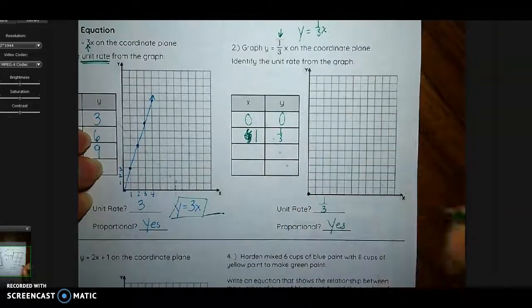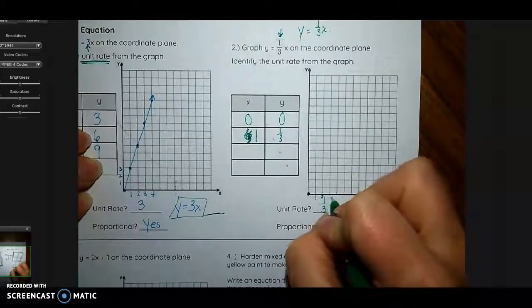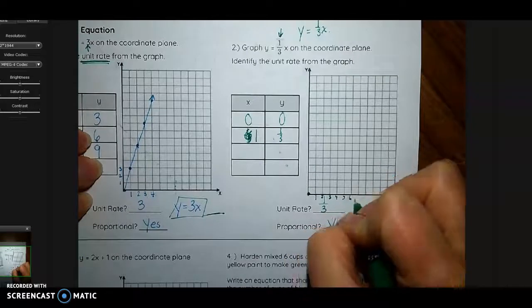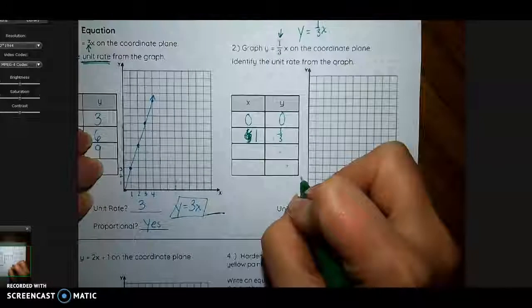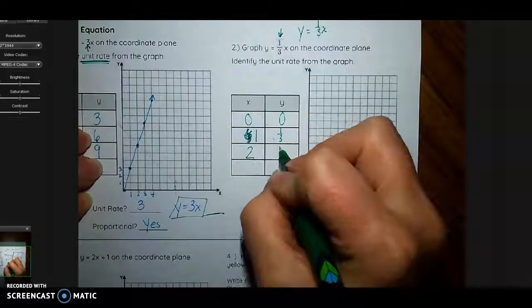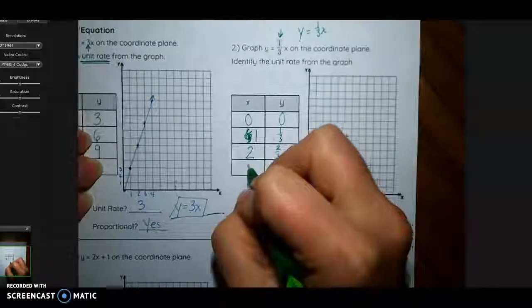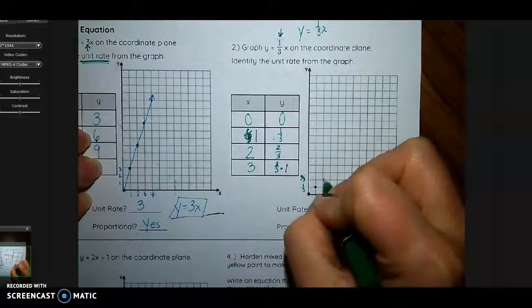So I might need to count a little differently than counting by ones here. I could still count by ones down here if I wanted to. And then this would be 2/3. And at 3, we would see 3/3, which is equal to 1.